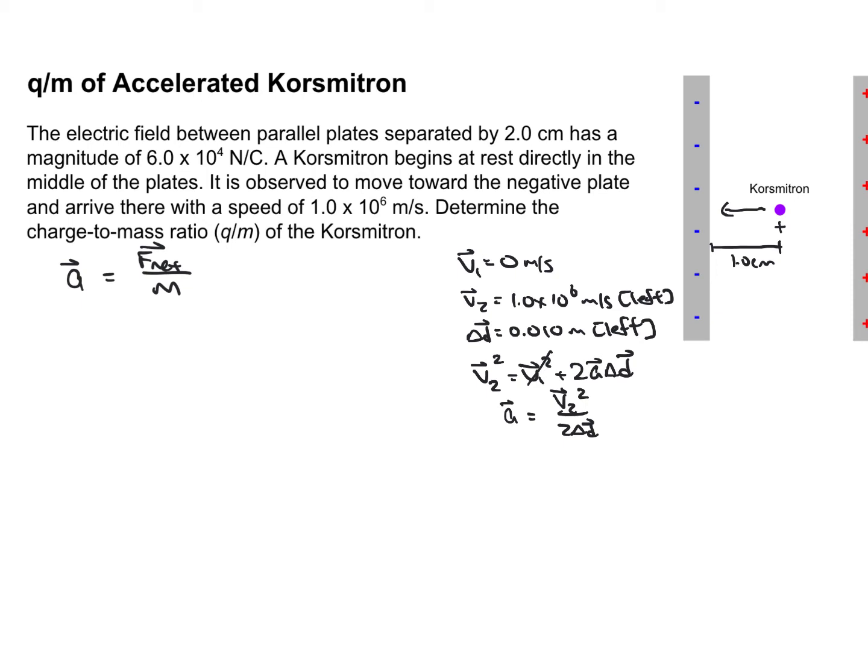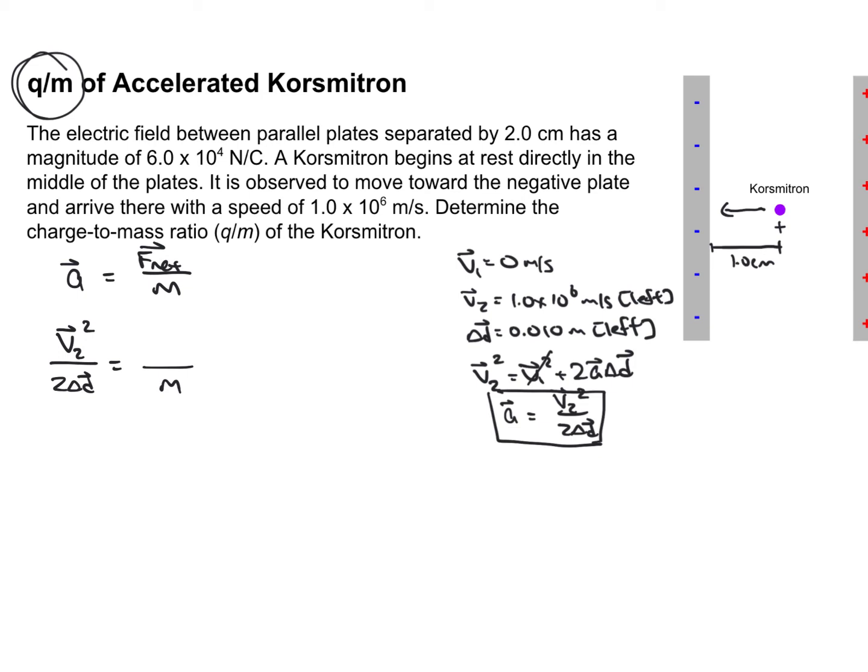Okay, so I'm going to substitute this equation into my Newton's second law equation. So it'll be on the left side here, final velocity squared over 2 times displacement. Now on the right side, I like the over m part because our whole goal of this question is to calculate Q over m, the charge to mass ratio. The net force I'm going to replace with the force due to the electric field.